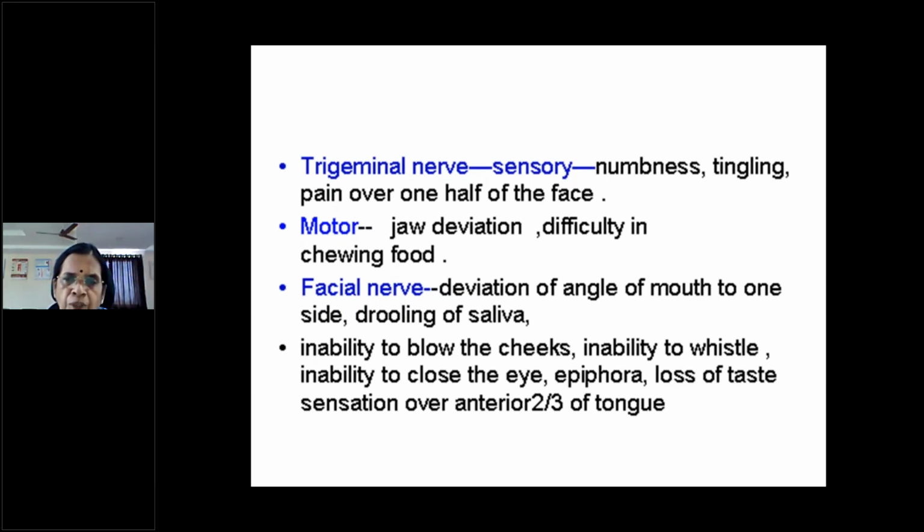The nucleus is situated in the brain. Where the nucleus is affected, you can have the lower motor neuron type, and if the lesion is above the facial nucleus, that can produce the upper motor neuron type of facial palsy, as in the case of a CVA, where only the lower half of the face is involved.